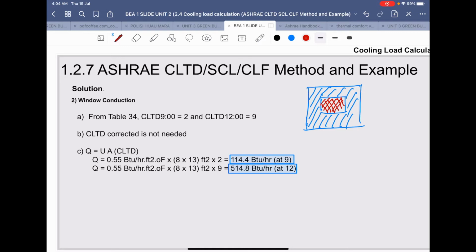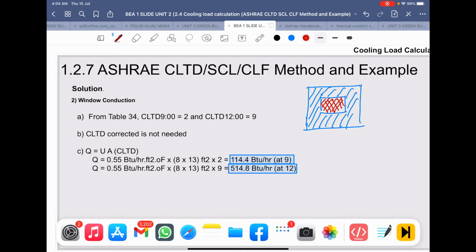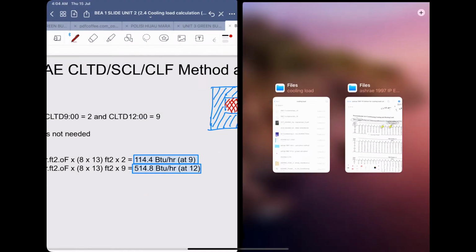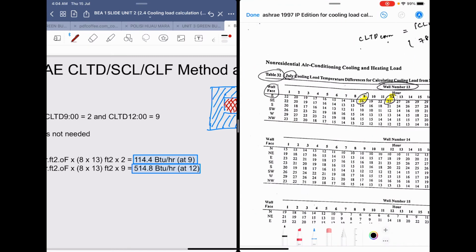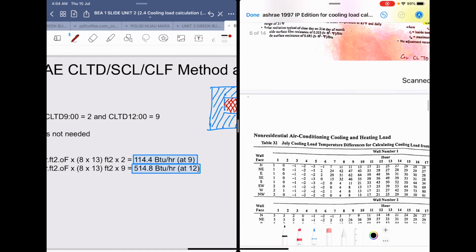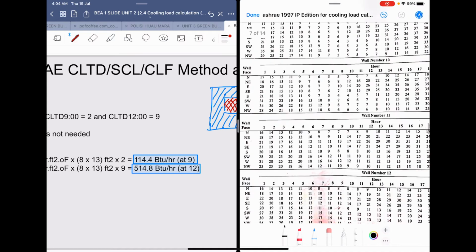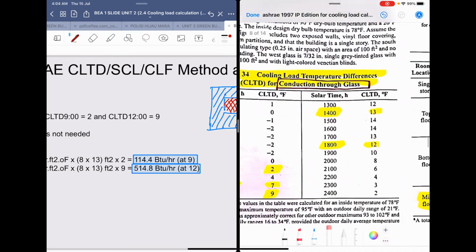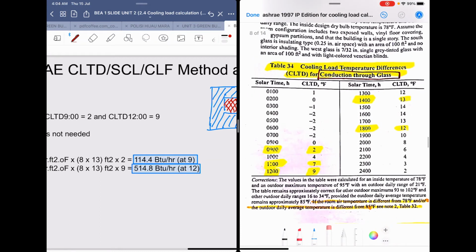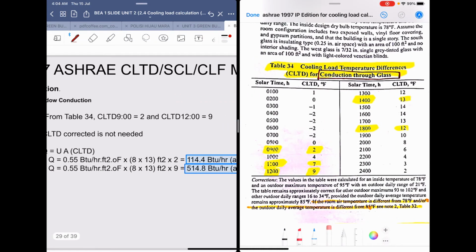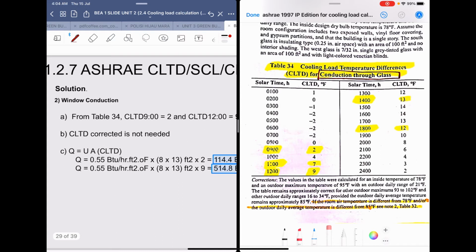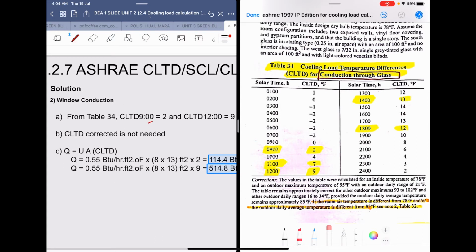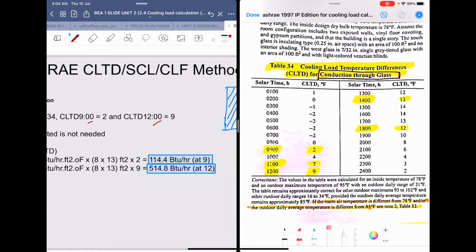So now we have to look at this table 34 ASHRAE. Go for table 34. Okay, now we see table 34. We are interested in the CLTD at 9 AM and the CLTD at 12 noon.